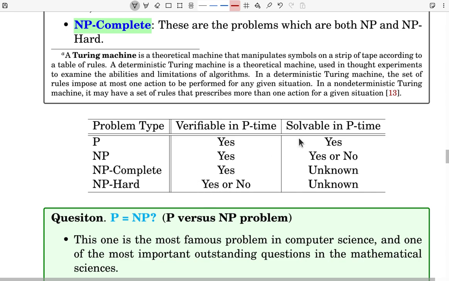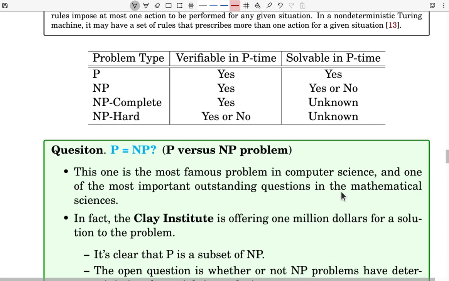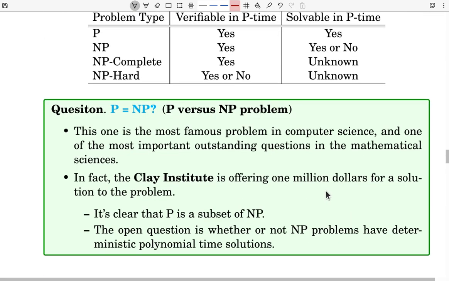And for solvability in polynomial time, the P is defined as solvable in polynomial time. Now NP is verifiable in polynomial time, so that solvability is yes or no. And these are unknown. Here we have a very famous question. Is P the same as NP?